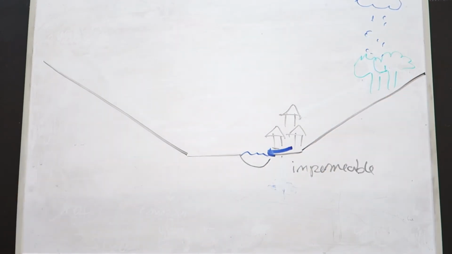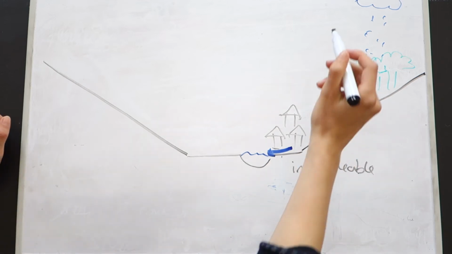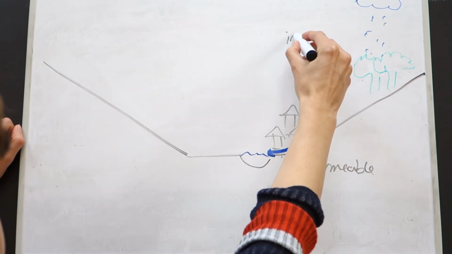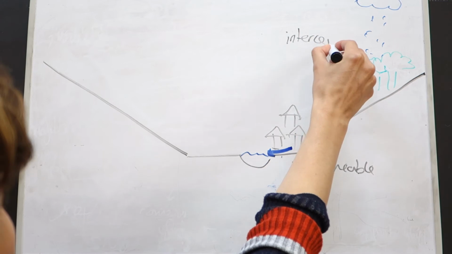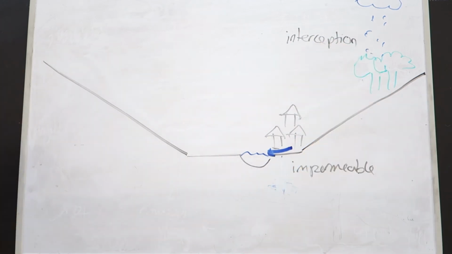When trees trap the precipitation, or get in the way of it, that's called interception. The way geographers say that is that trees intercept the precipitation. What that means is it decreases the amount of surface runoff, or the amount of water that's flowing over land into the river.